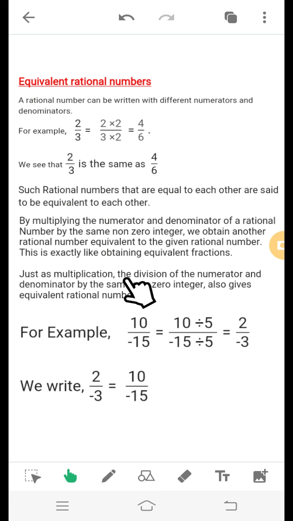So 10 divided by 5, minus 15 divided by 5, we get 2 divided by minus 3. So here 2 divided by minus 3 is equal to 10 divided by minus 15. Both are equivalent rational numbers. So we can multiply or divide to get equivalent rational numbers.